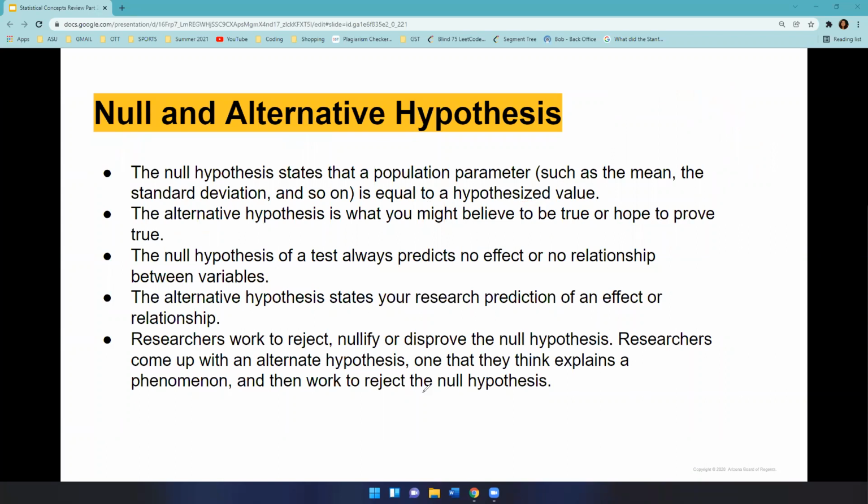So an alternative basically is like there is some effect, or there is some improvement on the test you're doing. And usually we try and reject or nullify the null hypothesis. So basically we come up with an alternative hypothesis that explains the phenomenon, and we try and work towards rejecting the null hypothesis. So this is all about null and alternative hypothesis.